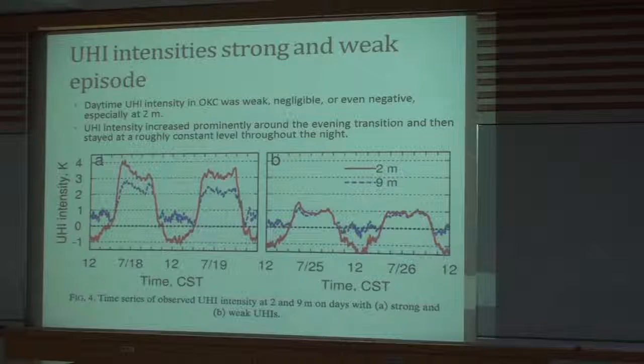It means that, as I said, in the daytime the UHI intensity can be neglected. But in the nighttime it's quite high. For the strong episode it's higher than 2 degrees, and for the weak episode it's about 1 degree.